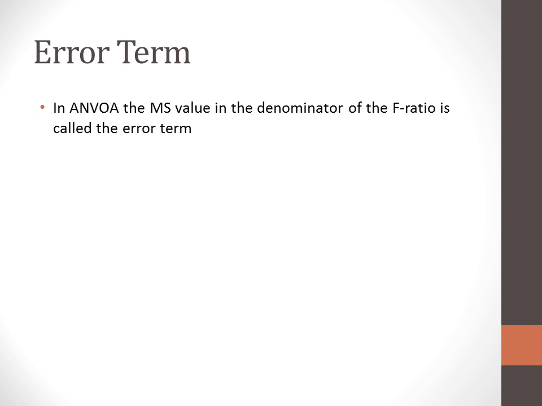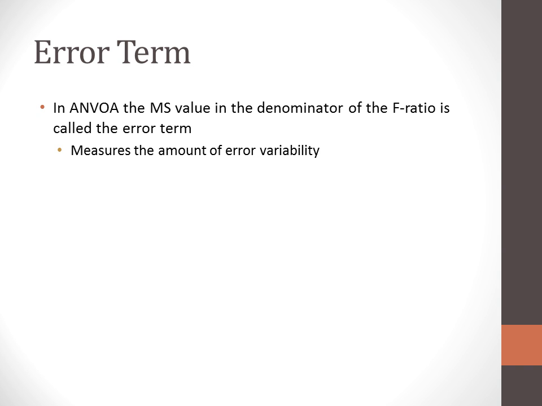Large values for error variance can obscure any pattern in the data and reduce the potential of finding significant differences between your treatments. Therefore, you want to eliminate error as much as possible. In analysis of variance, the mean squared value in the denominator of the F ratio is called the error term.